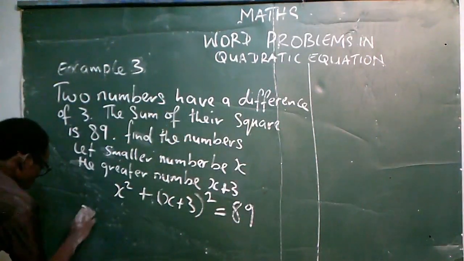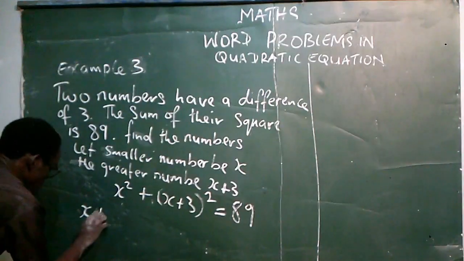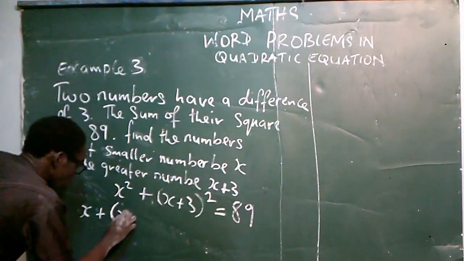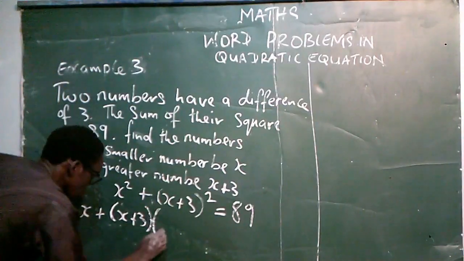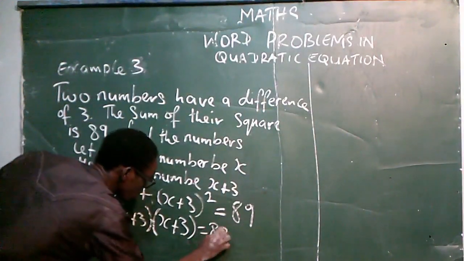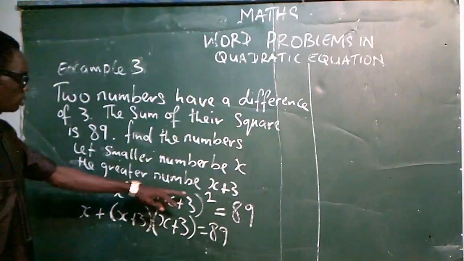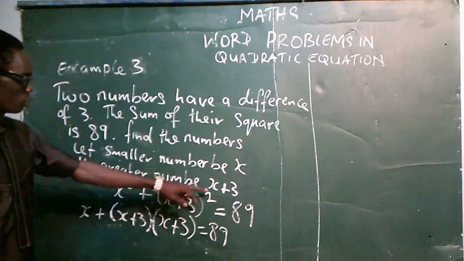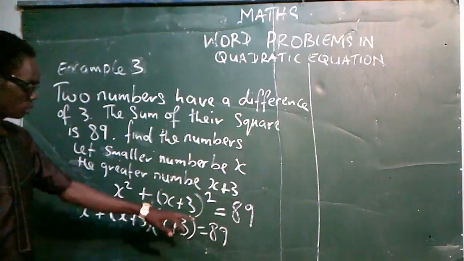This will give me x squared plus x plus 3 squared, which means x plus 3 times x plus 3.